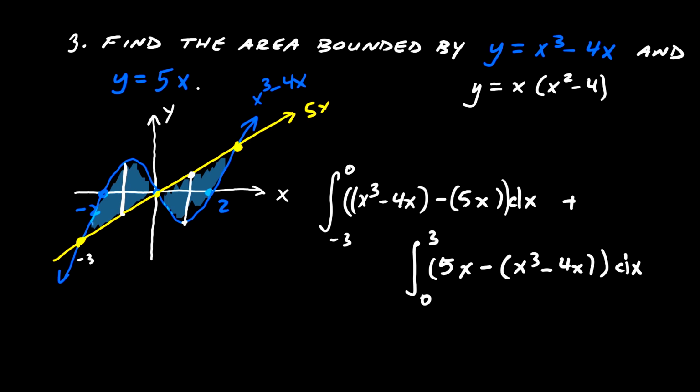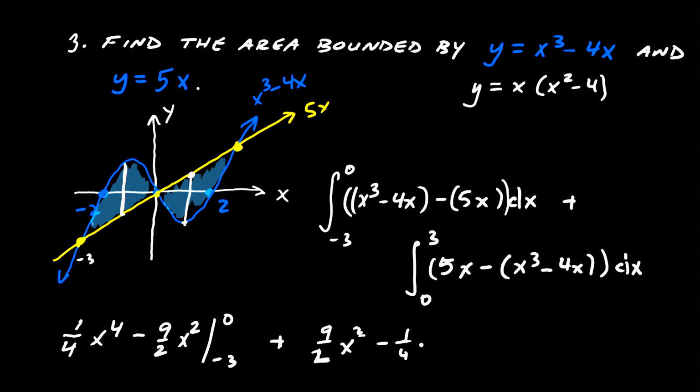And in doing the work out, you'll find that we just simply end up with evaluating 1/4 x to the 4th minus 9/2 x squared, and that's going to be from -3 to 0. So that's for our first one. Plus, we're going to have our next integral, which is going to be from 9/2 x squared minus 1/4 x to the 4th.